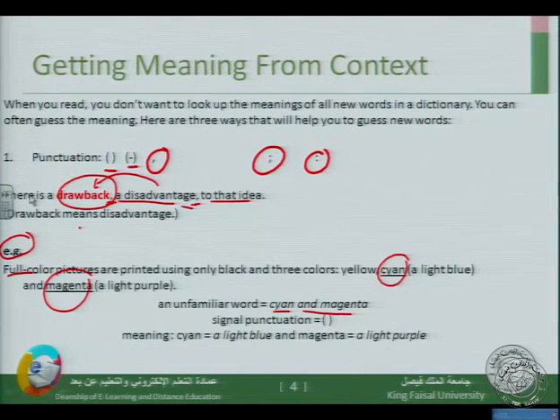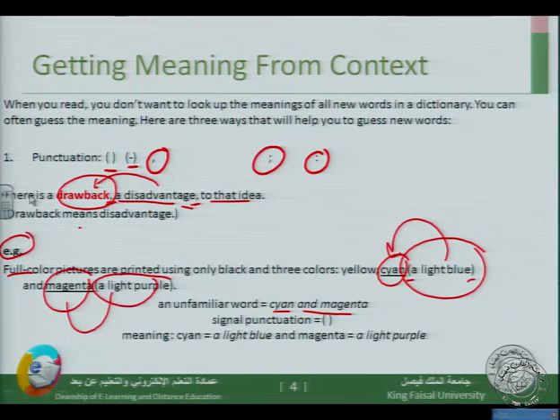If you look at the sentence again, you will find another two words in between parentheses. This is what we call parentheses. So, a light blue is the meaning of cayenne. It's an explanation of cayenne. And a light purple is the meaning of magenta.